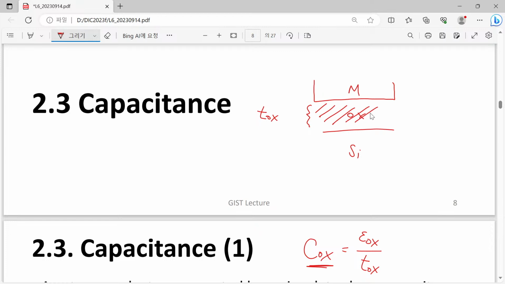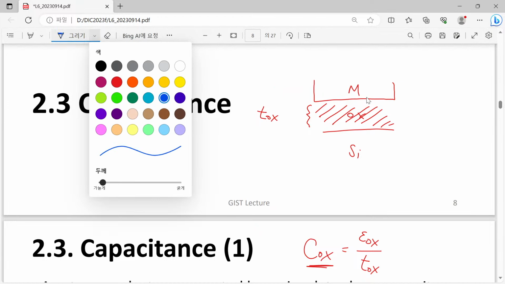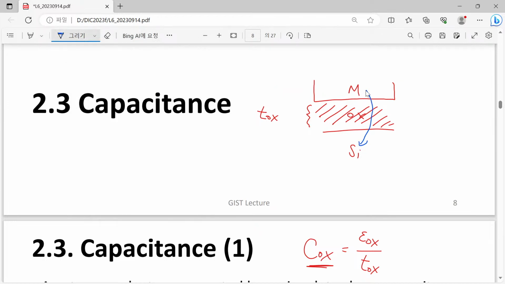Now it means that this COX just describes the capacitance between the metal and the channel region. However, this is not the only structure inside our transistor. Please add more components to have a complete description of your MOSFET. So you have, for example, here the so-called source region, which is typically an N plus region in the MOSFET, and you also have the drain region.